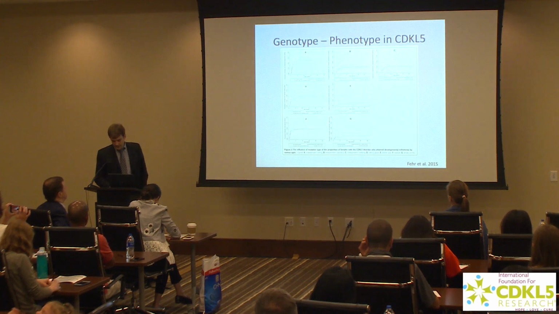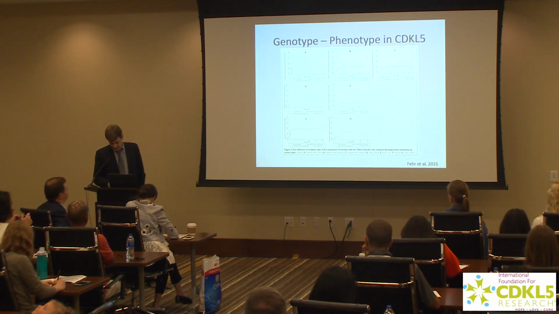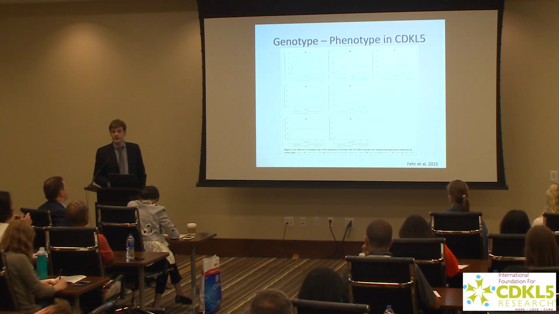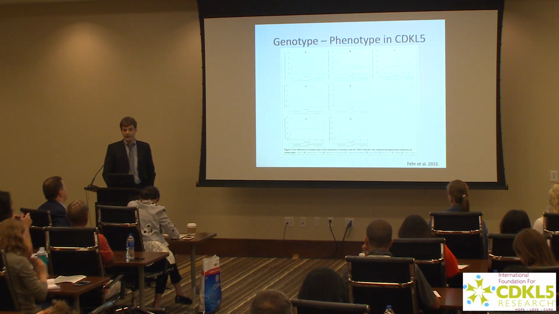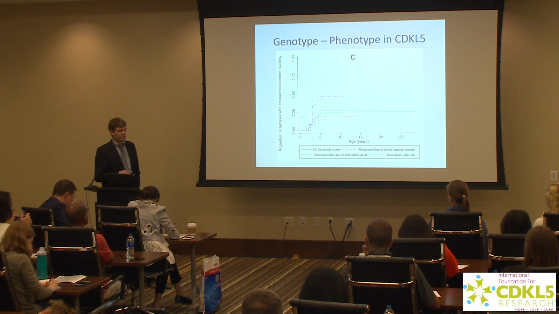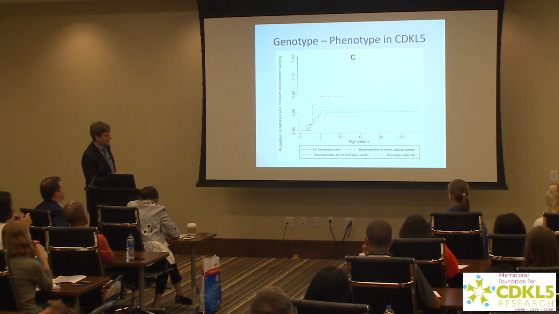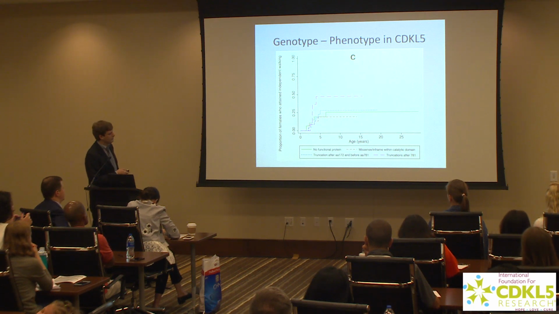The closest that I could learn about myself is the Australian study based on the international CDKL5 database, where they were able to chisel out a relation between the location of the mutation in the gene and the onset of various milestones.